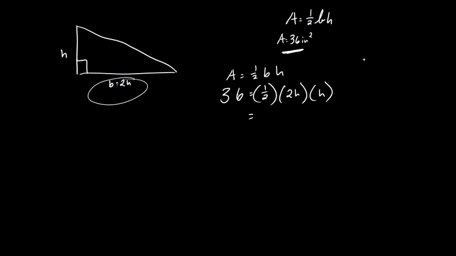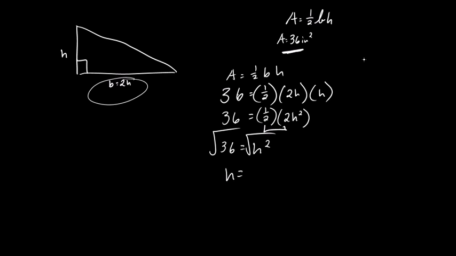On the right side, I'll keep the 1/2 there for now. This is 2h squared. And then I can multiply the 1/2 times the 2. 36 equals h squared. So I need to take a square root. H equals 6. Which means that the height is 6 inches and the base is 12 inches.